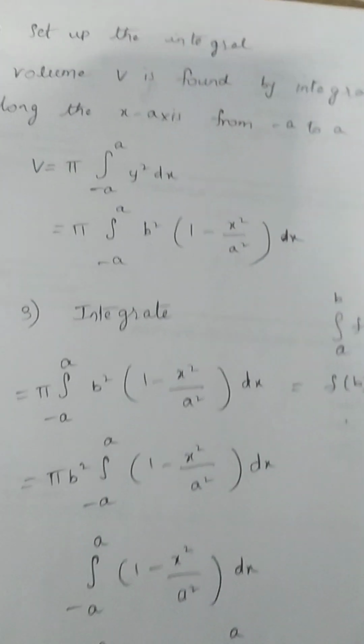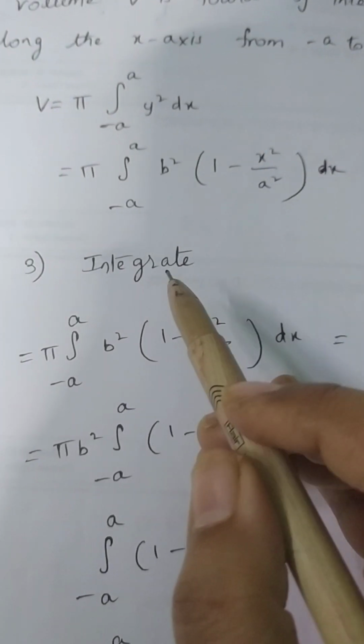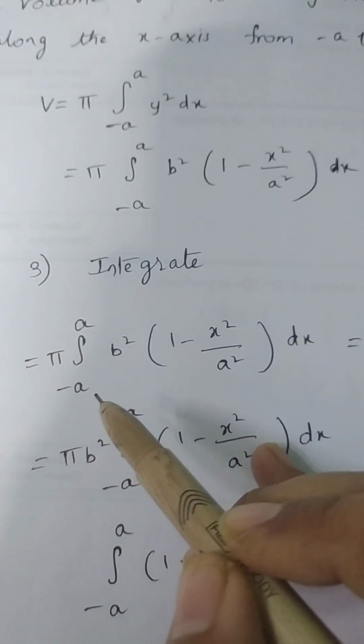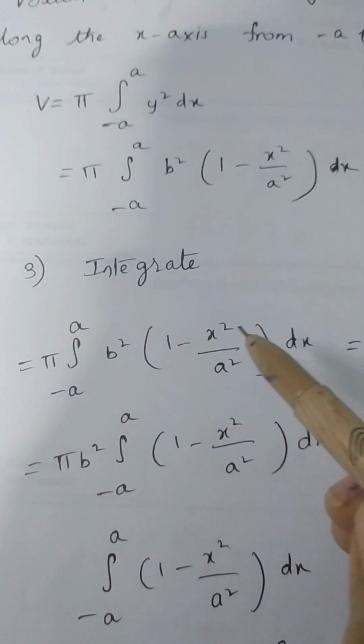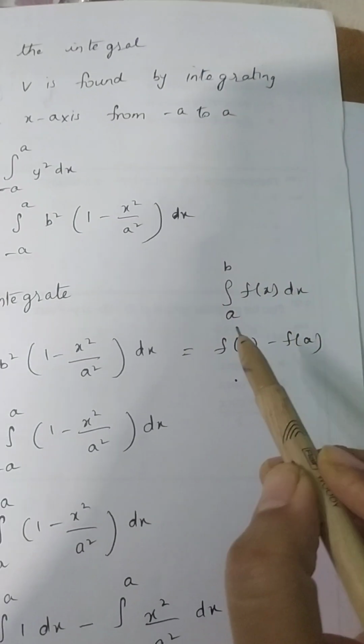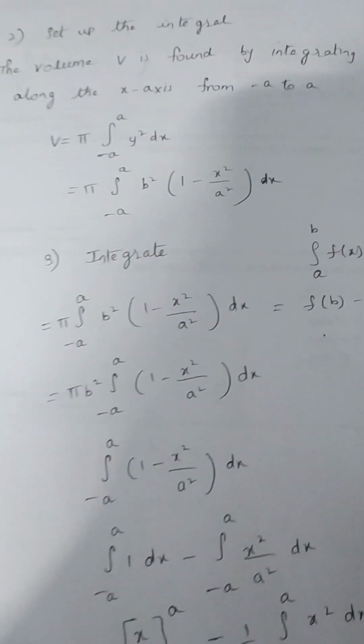I'll once again explain the integration here. Here we integrate, V is equal to pi integral minus a to a b square into 1 minus x square by a square dx. We know that integral a to b f of x dx is equal to f of b minus f of a.